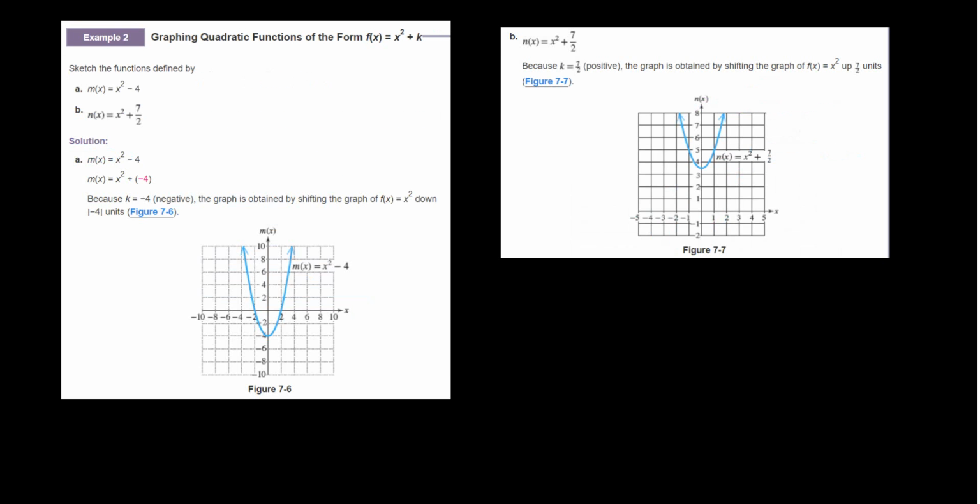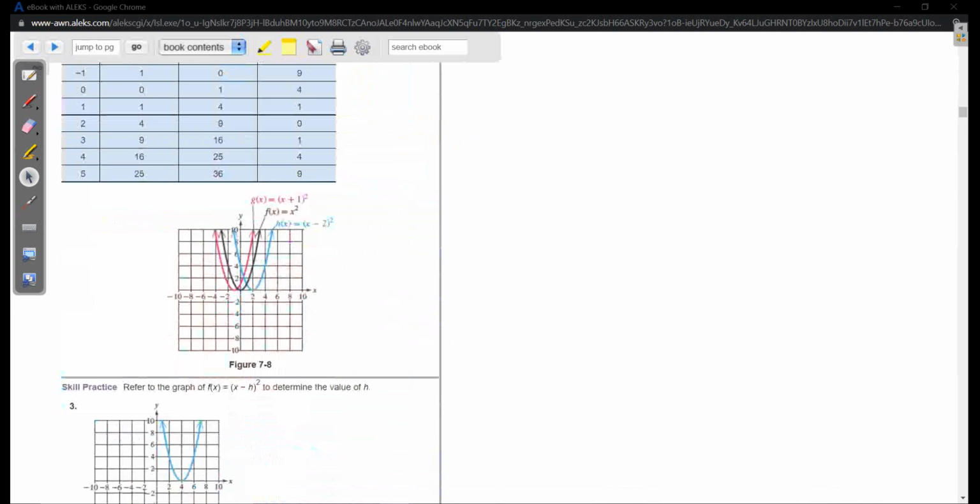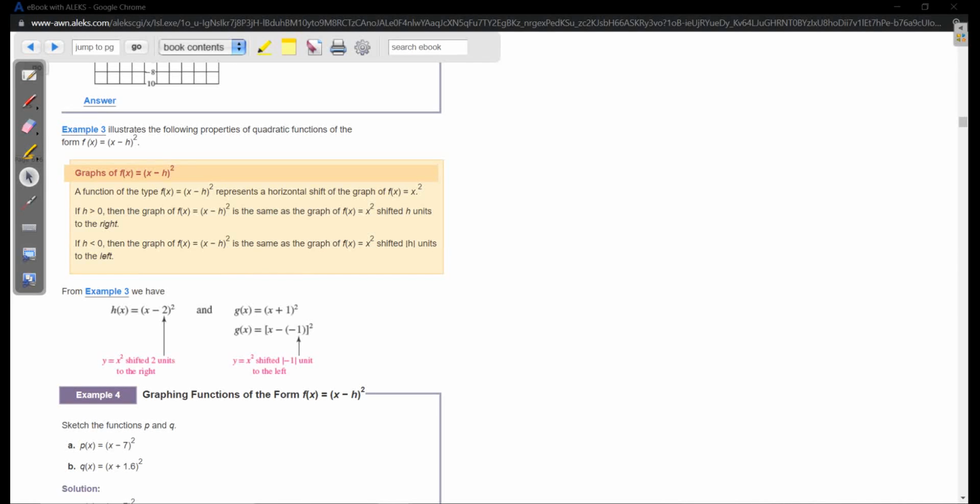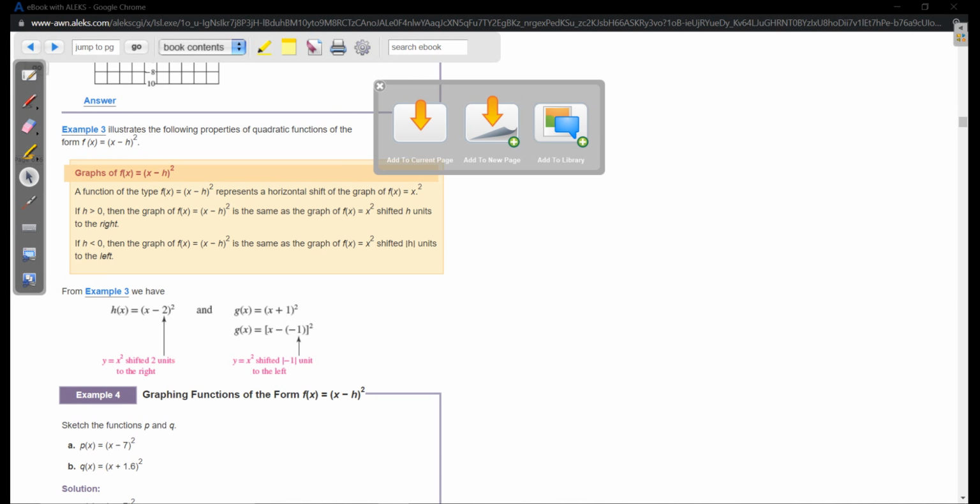So example 1, example 2, example 3. We're going to put an inserted page here, and we're going to see exactly what the concept is. All right, so let's go all the way back to before example 1.